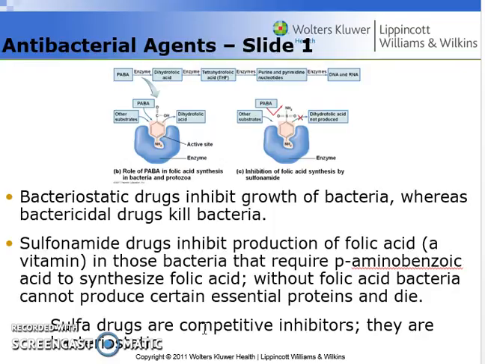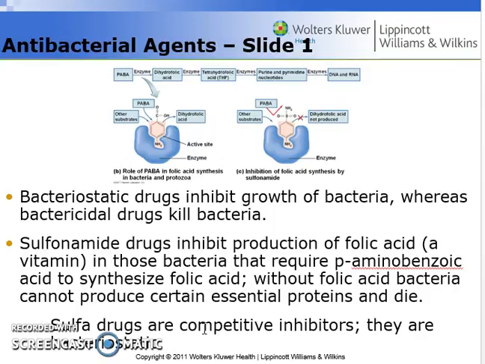And so one drug I do want to talk about is sulfamide, which is a drug that's used to prevent the formation of a vitamin known as folic acid. And the folic acid is used by bacteria in order to help them to grow and develop. And they can't produce certain proteins. So in a sense, it's a protein inhibitor. But with the sulfamide drugs, there's a specific type of acid that the bacteria need to produce called p-amino benzoic acid.